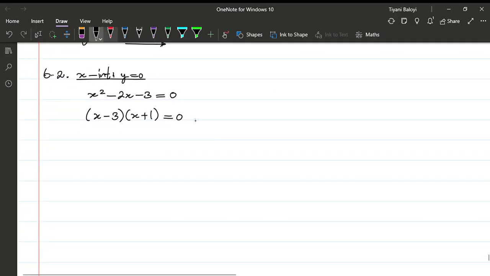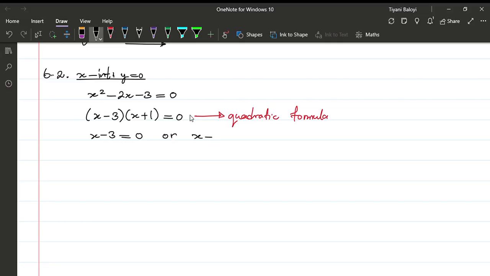You can use the quadratic formula here to get your x values. It's okay, I just think that factorization is very fast. It's faster than the quadratic formula. As you can see here, you can just say now that x minus 3 is equal to 0, or x plus 1 is equal to 0.